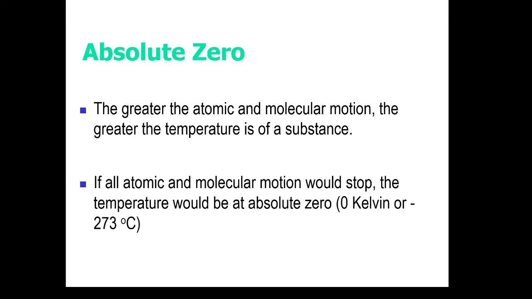All motion of our molecules stops. If there's no motion of our gas molecules, we were watching them and we wanted to know our temperature, we would assume we were at 0 Kelvin, that we were at absolute 0. Higher temperature, higher motions. No motion, I'm at absolute 0. So at absolute 0, all chaos would ensue.